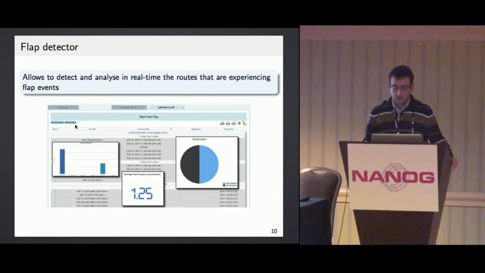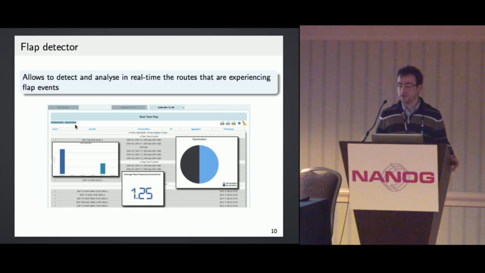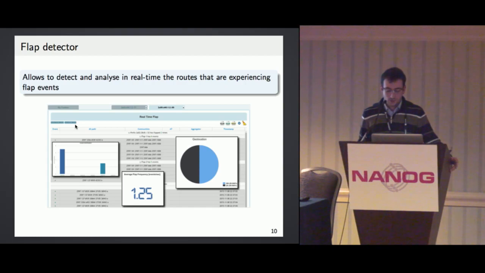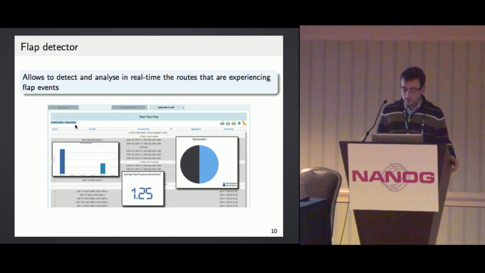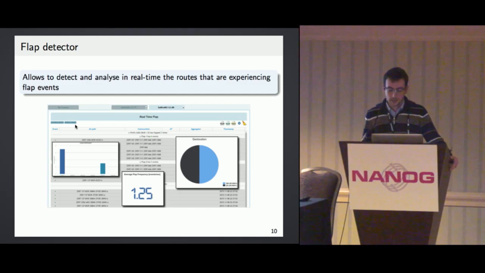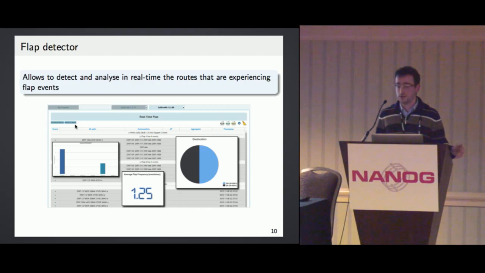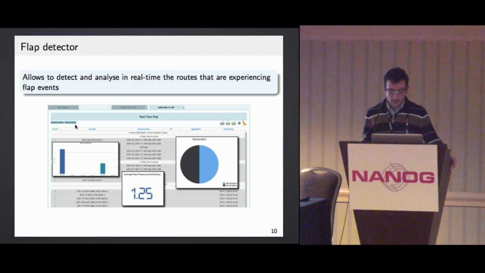Another interesting thing that a network administrator may want to be able to analyze is if his router is announcing flapping routes. And this is achieved by the real-time flap detector application, which displays on the web browser the routes that are currently experiencing flap events, where a flap is defined as a sequence of n events in a given amount of time.